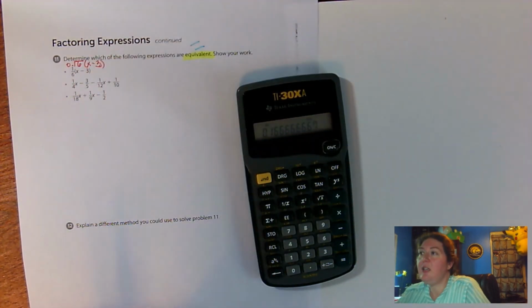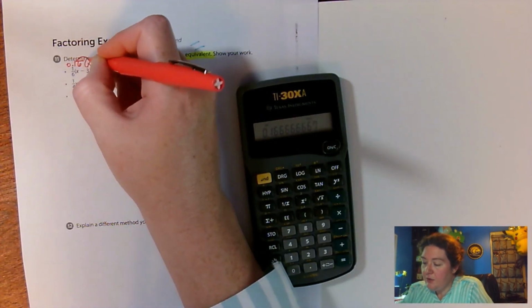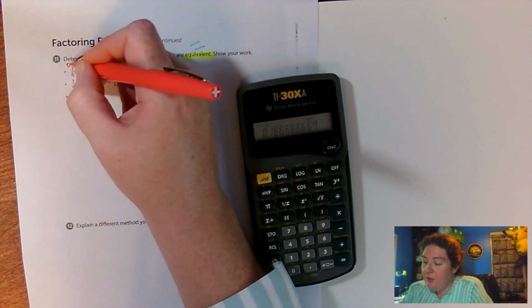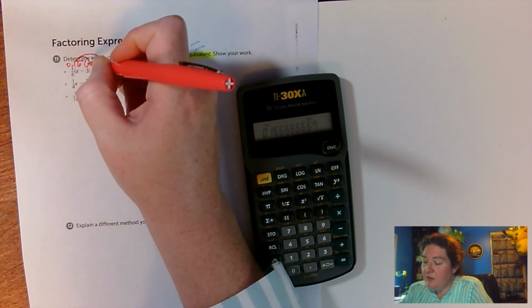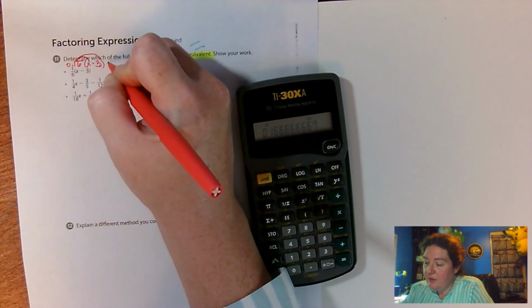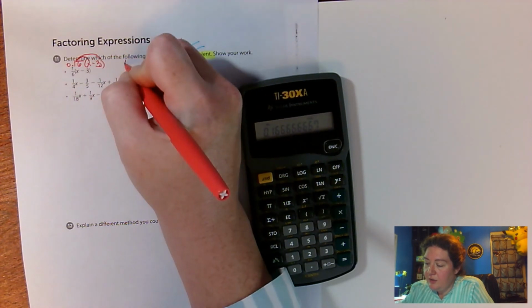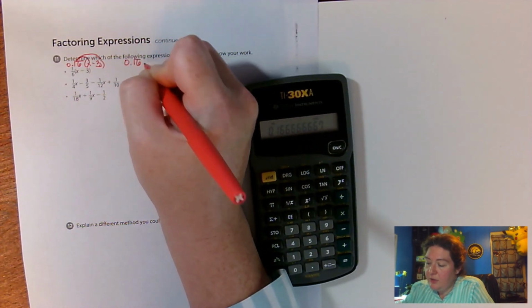Just rewrote it, changed my fraction into a decimal. So now I'm going to distribute. 0.16 repeating times x gives me 0.16 repeating x.